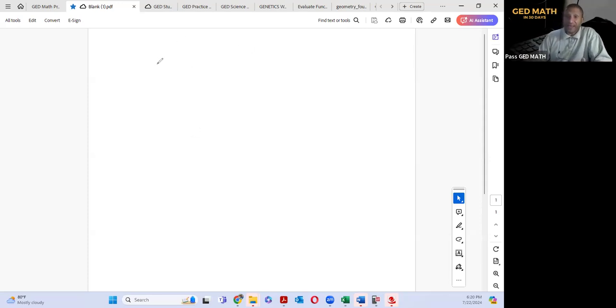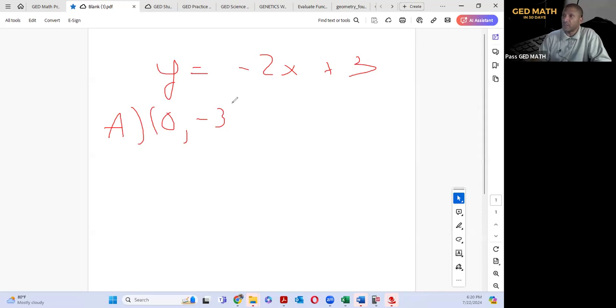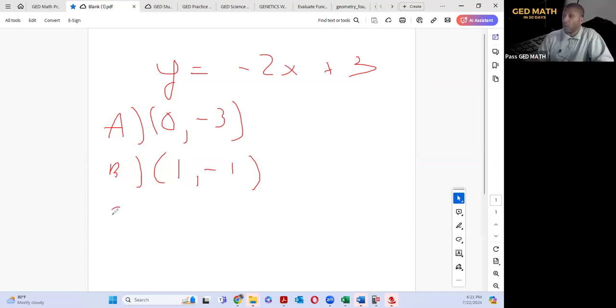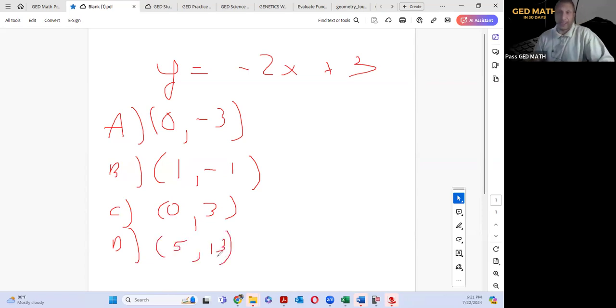So for example, if I gave you an equation, y equals -2x plus 3, and I want to know if 0, -3 is on that line, if 1, -1 is on that line, if 0, 3 is on that line, or if 5, 13 is on that line.